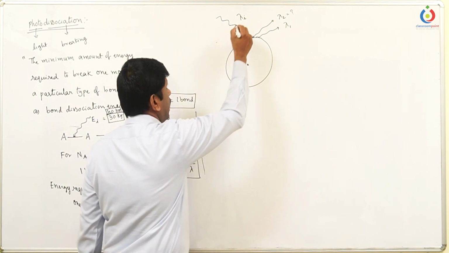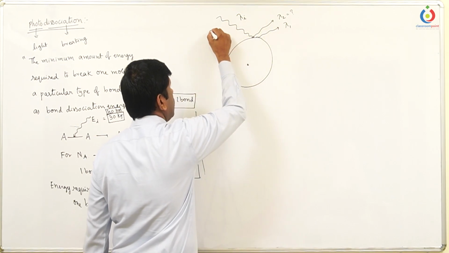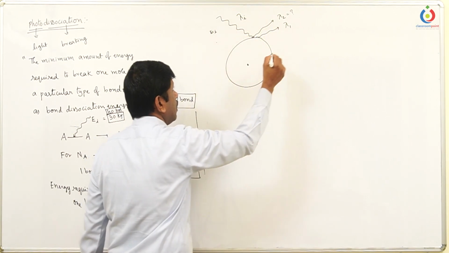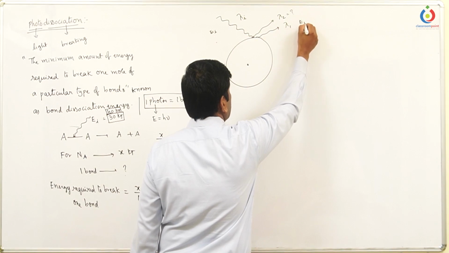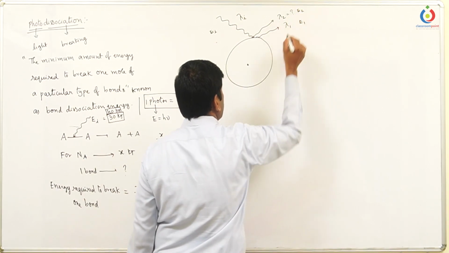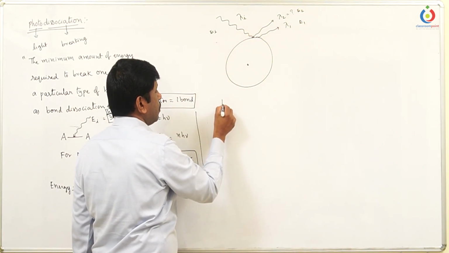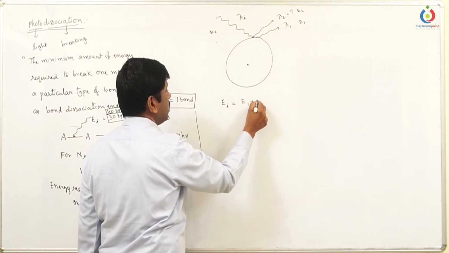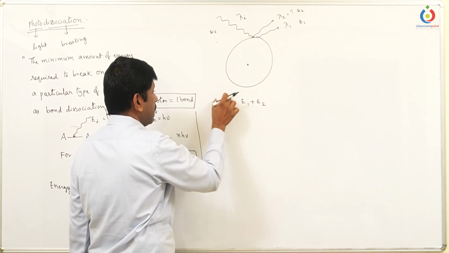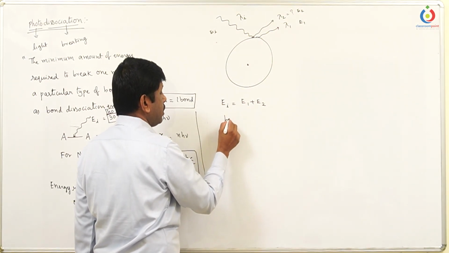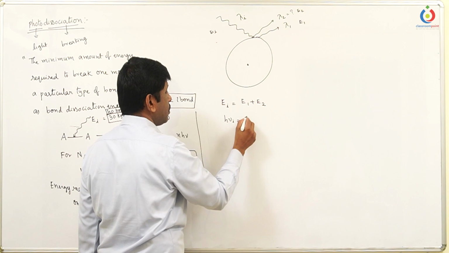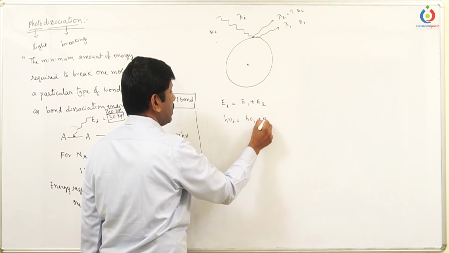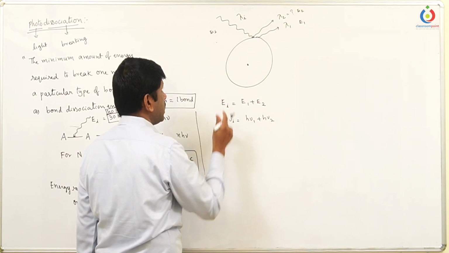So let us consider this one as the energy of the incident light. This is the energy of the first photon, and the energy of the second photon. So the energies can be added. Energy of the incident light is equal to E1 plus E2, the total energy. So EI, that is h nu I, is equal to h nu 1 plus h nu 2. Nu means again c by lambda.